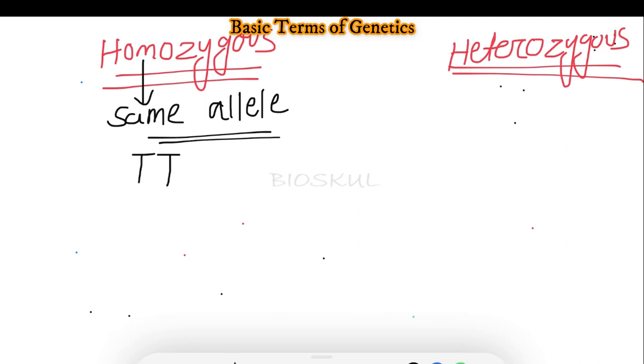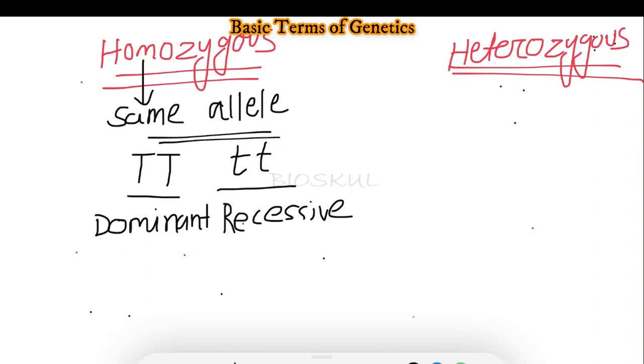It may be capital T capital T, for the tall plant, a homozygous condition, and small t small t is also homozygous. As I told you, the capital letter represents the dominant allele and the small letter the recessive allele. So this one is called dominant homozygous, and this one is called recessive homozygous.